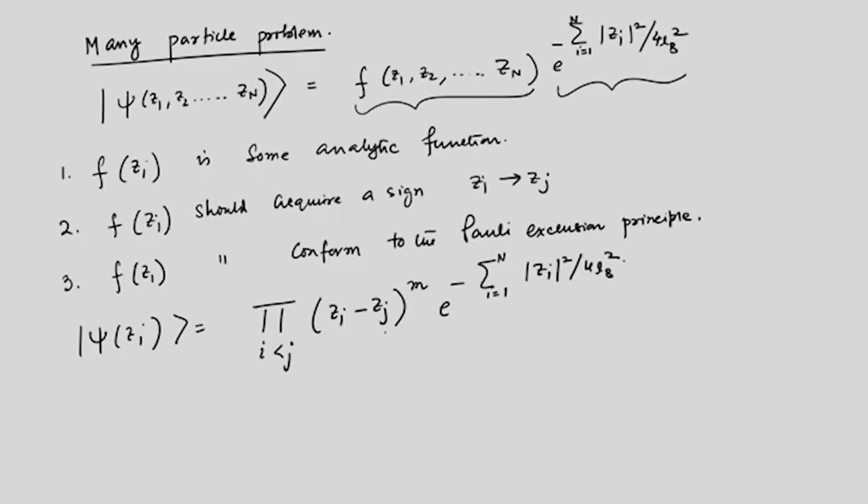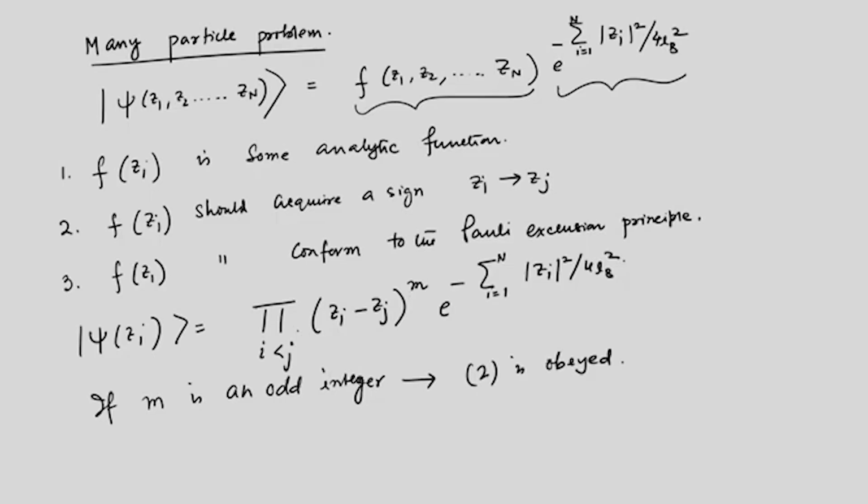And you see if m is an odd integer, then of course 2 is obeyed, right, because if you change i and j, you pick up a negative sign only when m is odd.